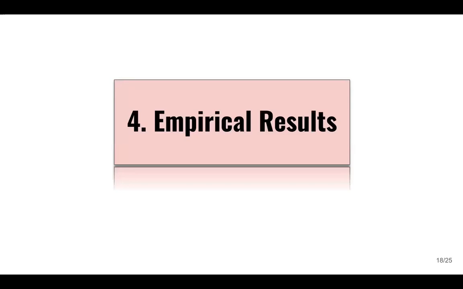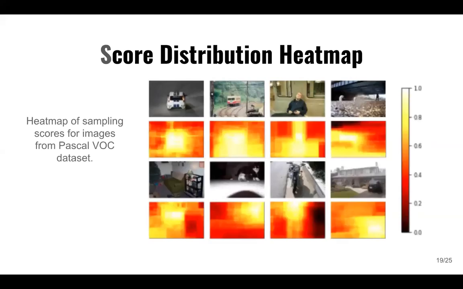And then here we'll present the empirical results from our study. So first we want to make sure, while designing this score propagation, that we are rightly accumulating the semantics at the right location of the object. To check that, we visualize this heat map.